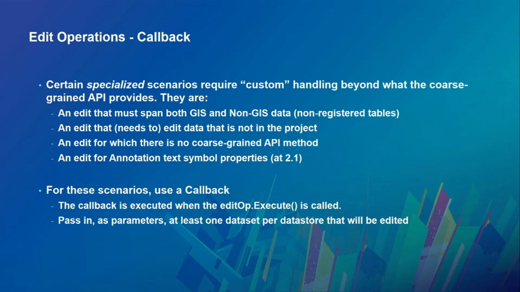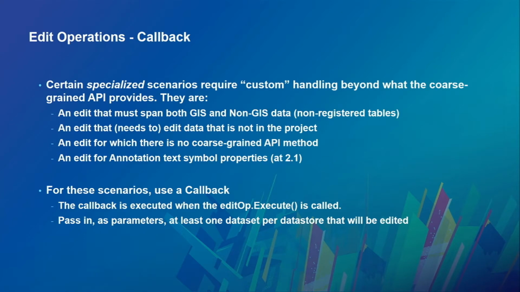We recommend not using the callback function unless you absolutely have to. A lot of what we're trying to do is create additional methods on the edit operation so people can avoid using the callback function. There are certain specialized scenarios where you need to have custom handling, and this is what the callback is for.